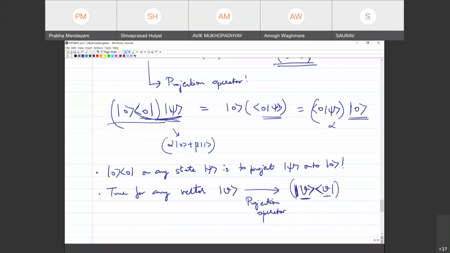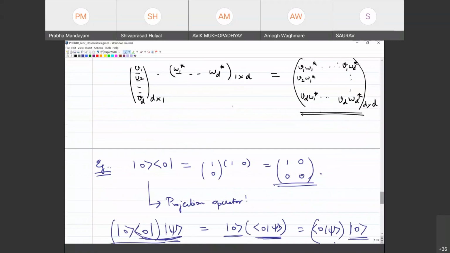This is exactly like how you would take an arbitrary vector in real space and project it down to the x-axis, or find the projection on the y-axis or the z-axis. You take the inner product with the unit vector along that direction, and then you write the unit vector along that direction. That's how you take the projection. That's exactly what is happening here. You take the inner product with respect to that vector, and then you write down the vector itself. So in general, for any state, I can write down a projection operator associated with that state. Okay, so |0><0| is a projection operator.